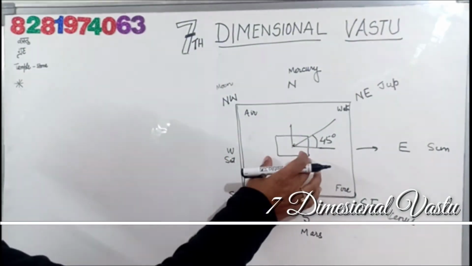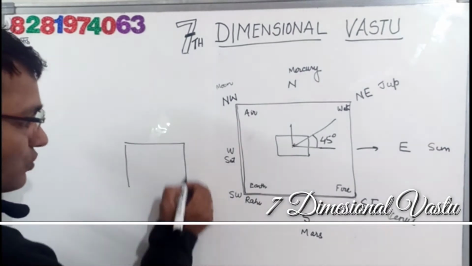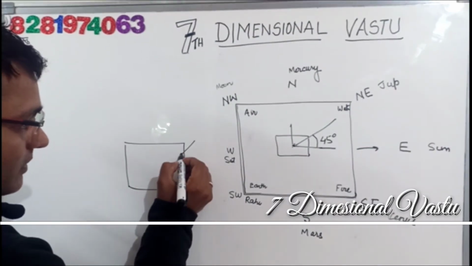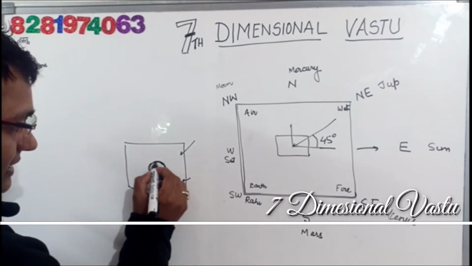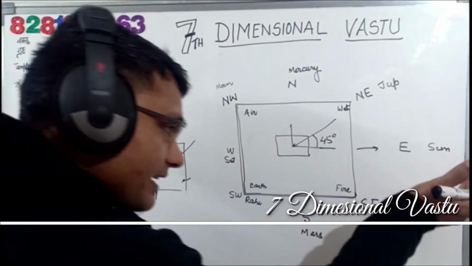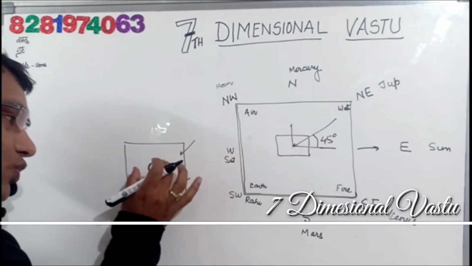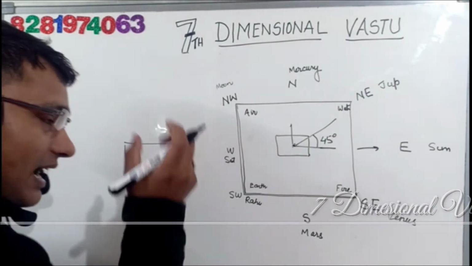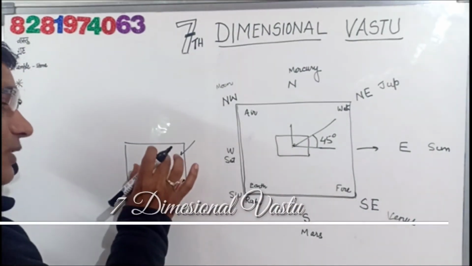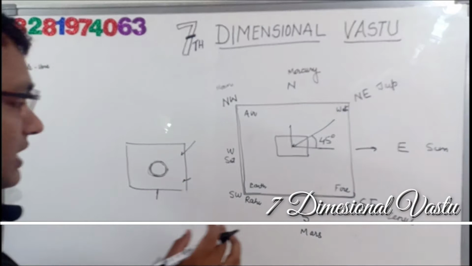Why is this important? Because if the air coming through the doors and windows is not coming to the center space, then the Brahmisthan will not be activated. And what is Brahmisthan?